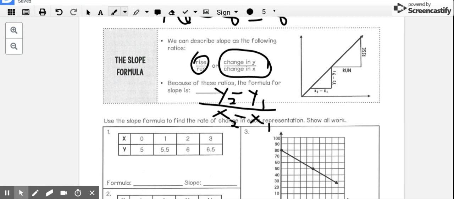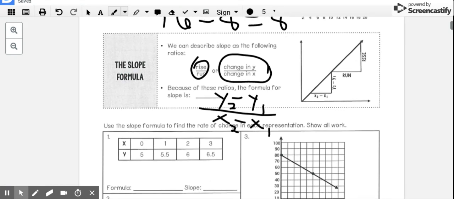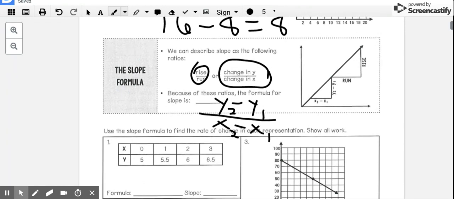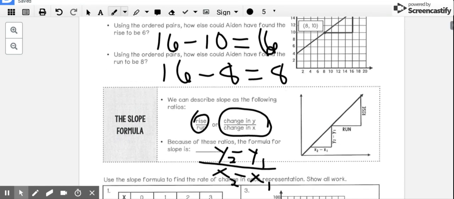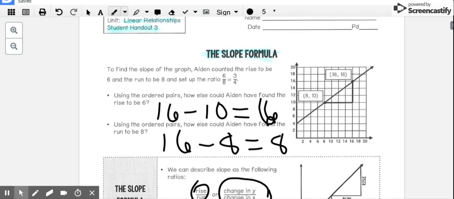So the reason those numbers are there is because, let's go back to these ordered pairs up here.